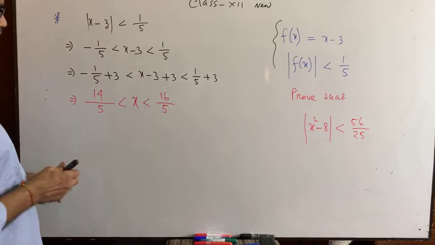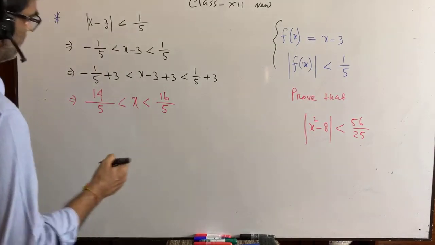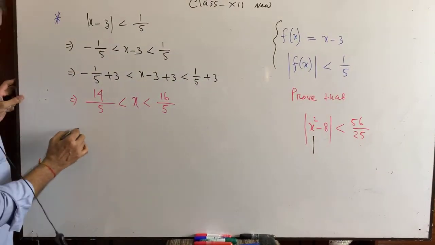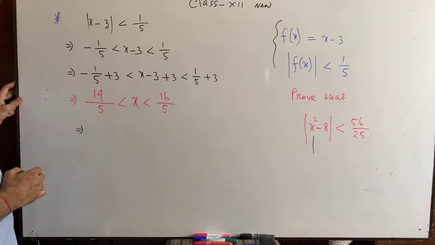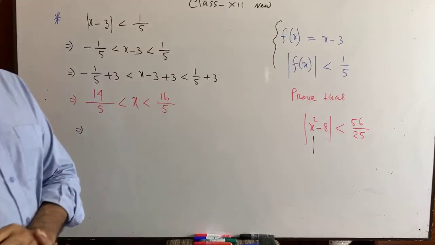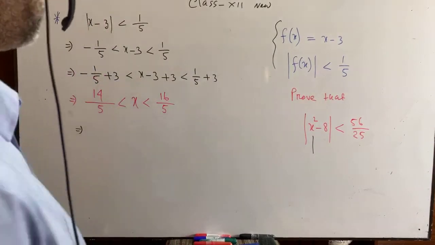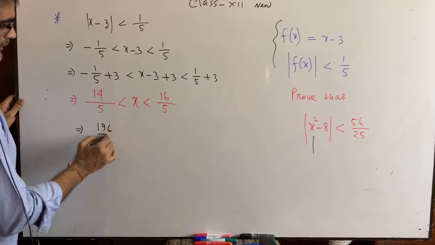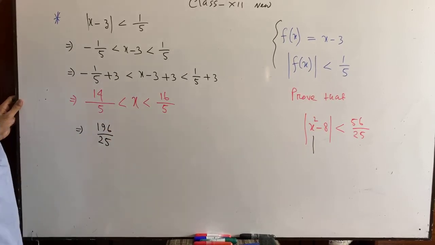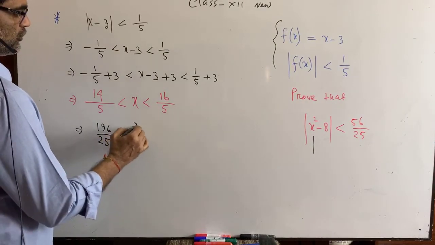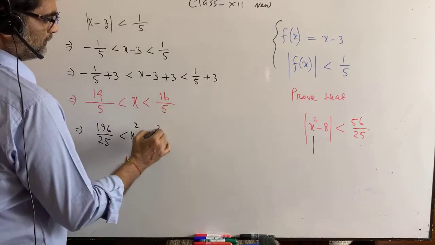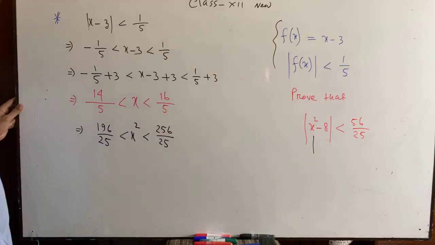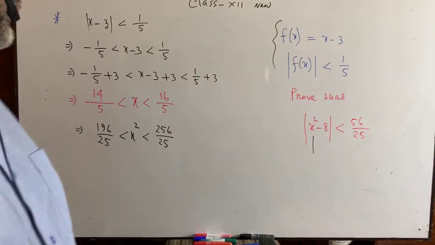Now what should we do? You see, there is x squared in the proof, so it's better to square both sides, right? So 14 squared equals 196. Write down 196/25 less than x squared less than 256/25. By squaring we have got it. Now we are not done yet.